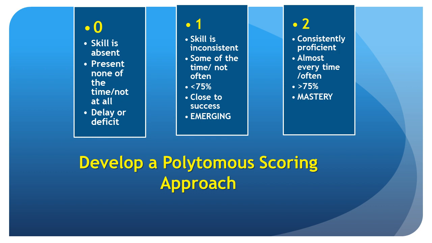A score of 1 means that the child might jump with one foot up, leaving the surface, but the other one providing support. Whereas a score of 2 would mean that the child is able to jump with both feet leaving the surface simultaneously.